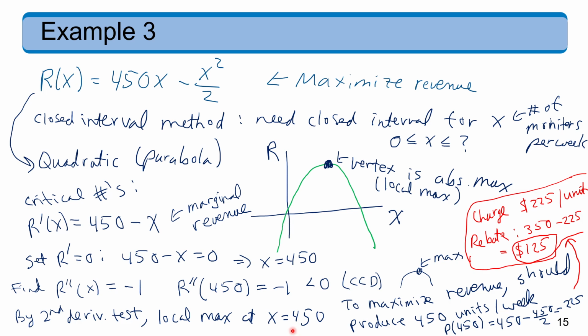They originally were selling 350, so they're going to sell a lot more units. So now they know how many units to produce. And then they could calculate what their actual revenue would be if they wanted. We haven't even done that. The actual revenue, you could just take the 450, plug it back into the revenue function, and it will tell you what their revenue would be per week.